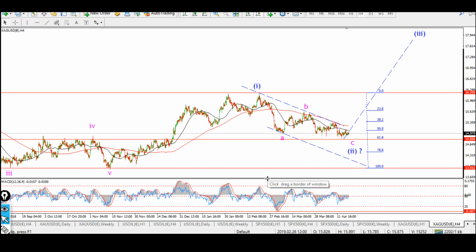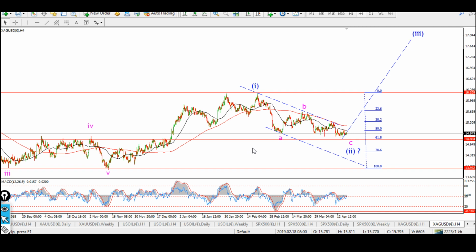The wave count in the metals is pointing to a final high in the equity markets. So one final low for the metals, one final high for the equity markets, and then you can kiss it goodbye.